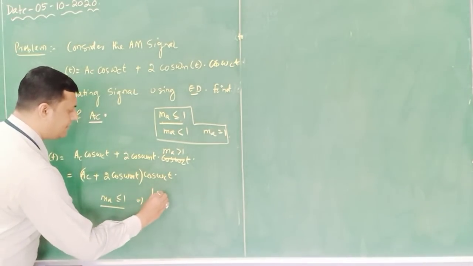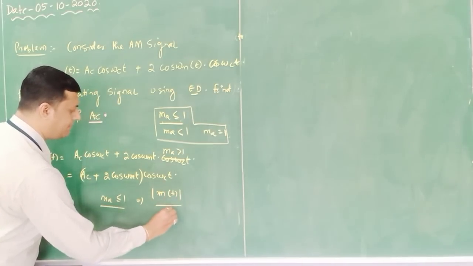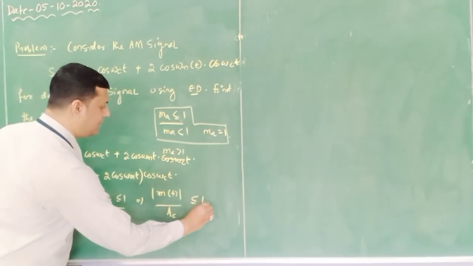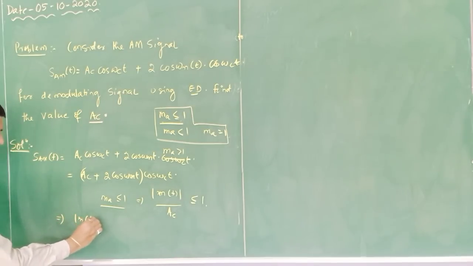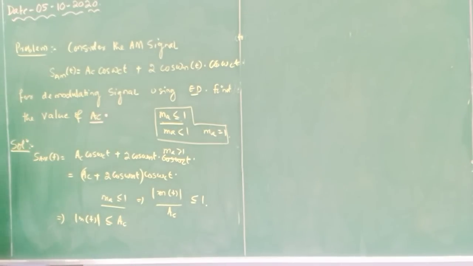MA is the magnitude of the modulating signal divided by the magnitude of the carrier signal, which must be less than or equal to 1. So that indicates that the magnitude of the modulating signal must be less than the amplitude of the carrier.